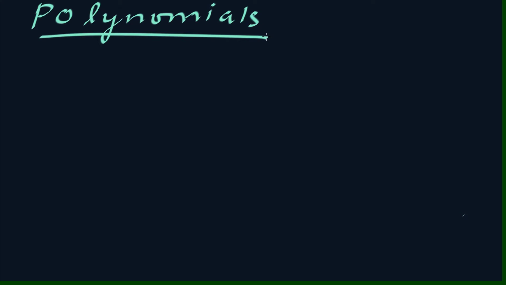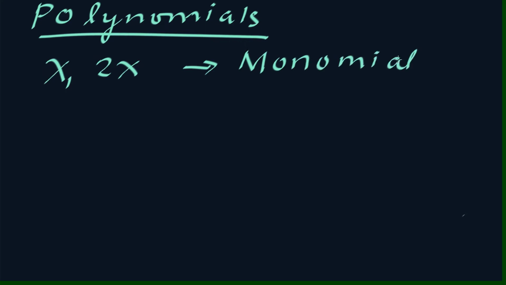Okay, so when we talk about polynomials, these are the expressions that we often see in a math class, say x, or 2x. Now, when we have one term in our expression, then we specifically call it a monomial.